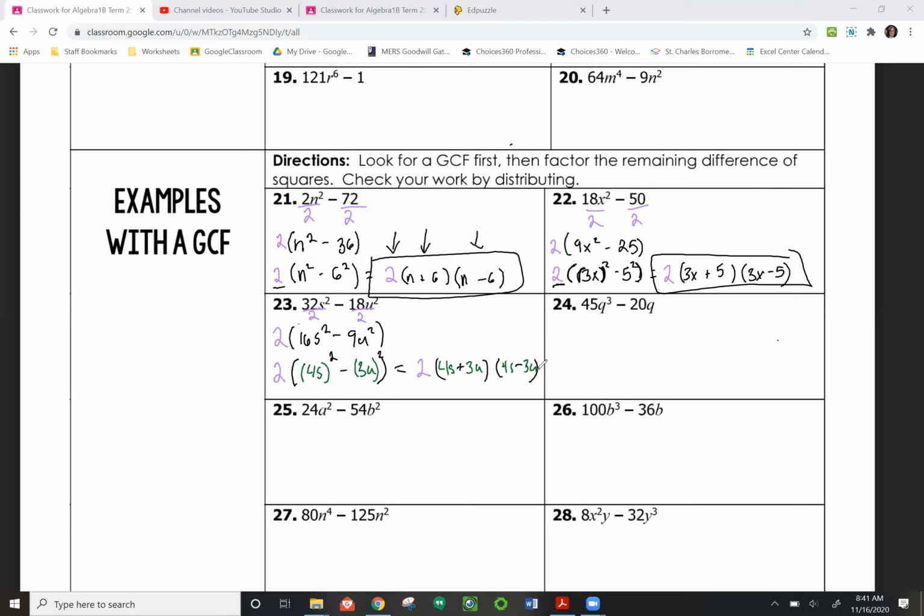Okay, and so why are we doing this? Why do we care about writing these simplified expressions in factored form?